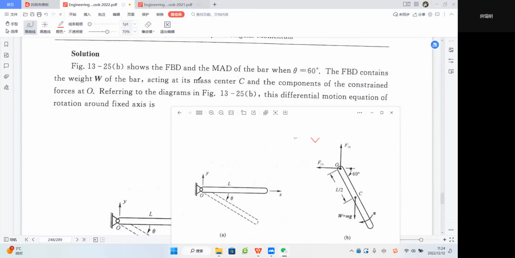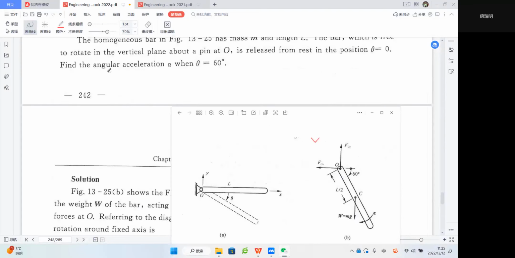And actually the motion analysis diagram is easy. Along this direction, which is the CW direction. So our task is, when theta equals 60 degrees, to figure out the magnitude of angular acceleration alpha.